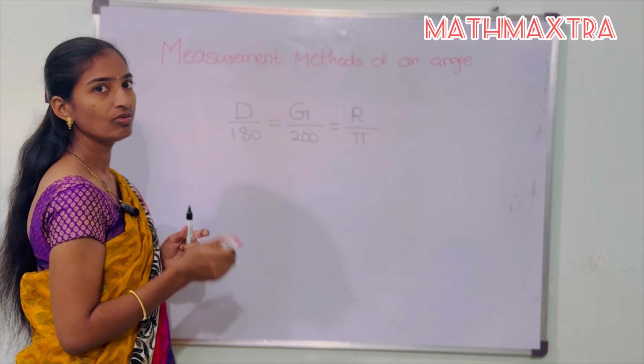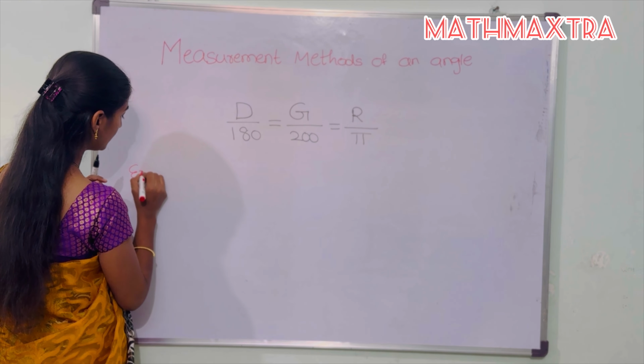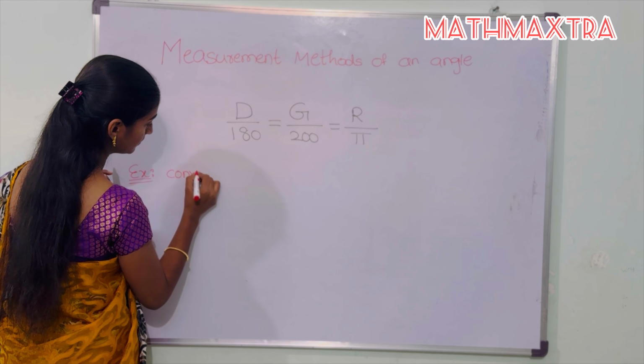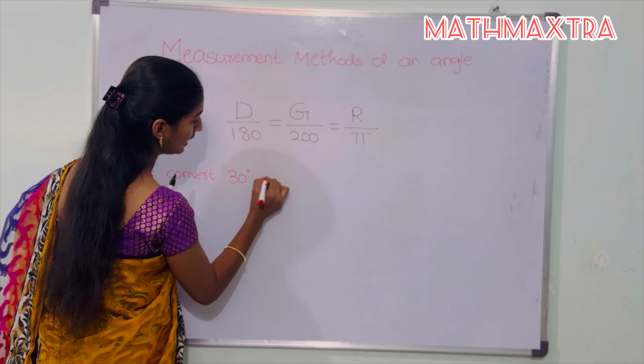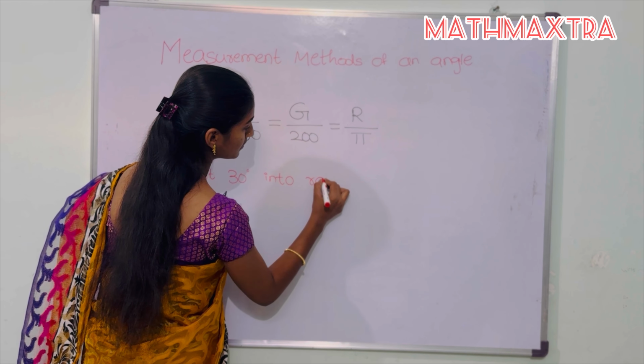Now we will see one example of how to convert. Example: convert 30 degrees into radians.